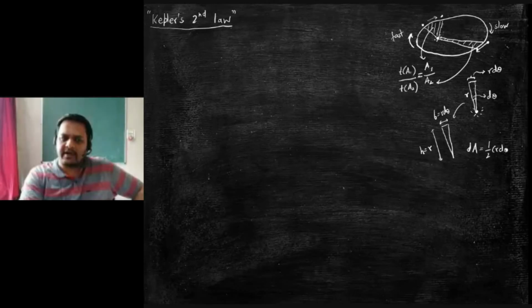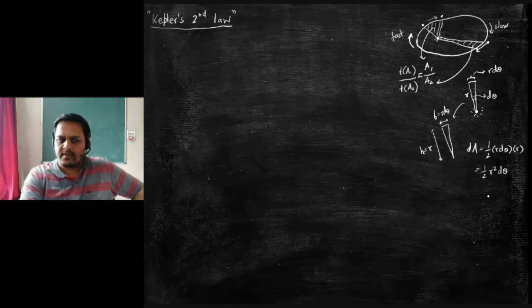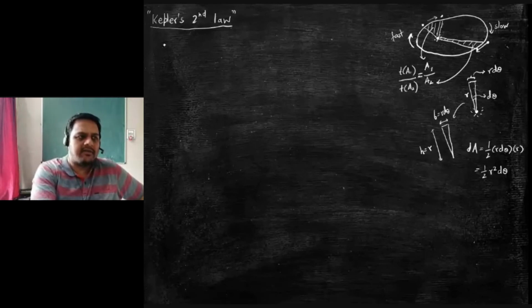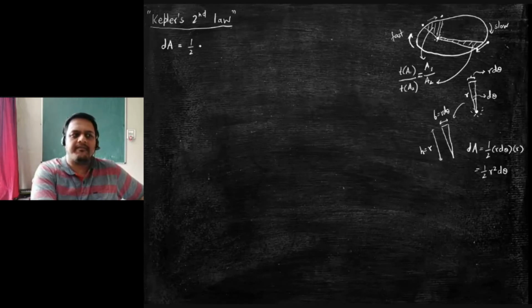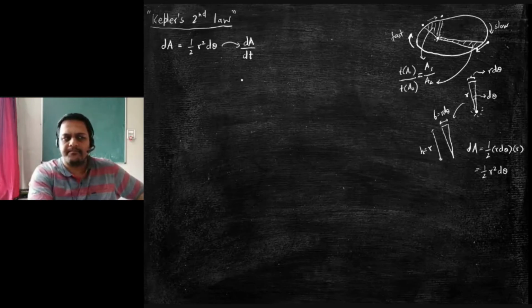Very good. Half into r d theta into r, which is half r square d theta. So basically you have small area is equal to half r square d theta, which means what will be the rate of change of area with respect to time?